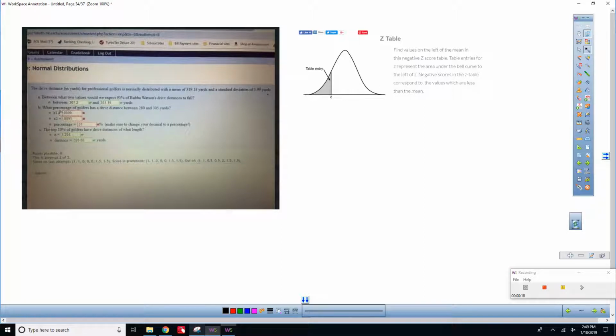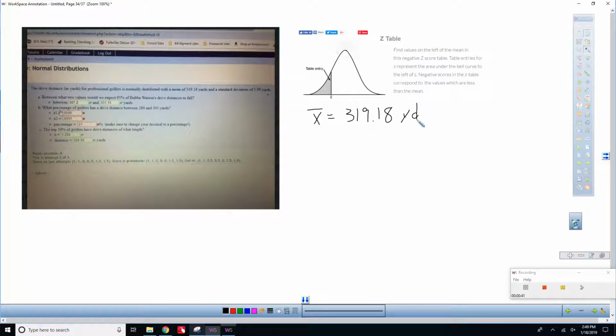B, okay? A z-score represents how many standard deviations away from the mean that something is. So in this case, our mean, and we write mean like this, it's just our average. Our average drive goes 319.18 yards, okay?